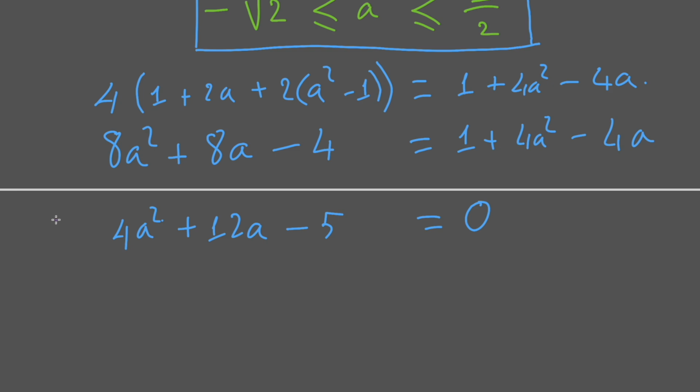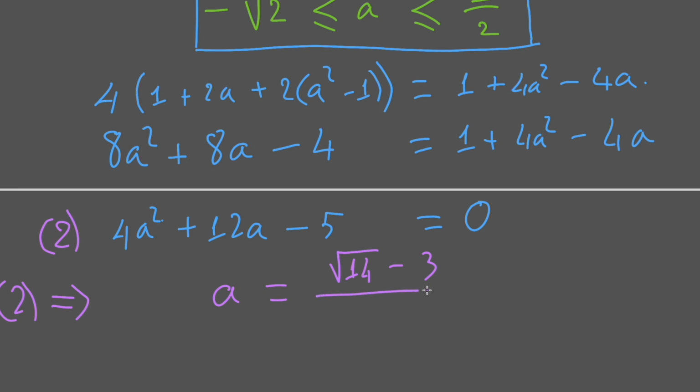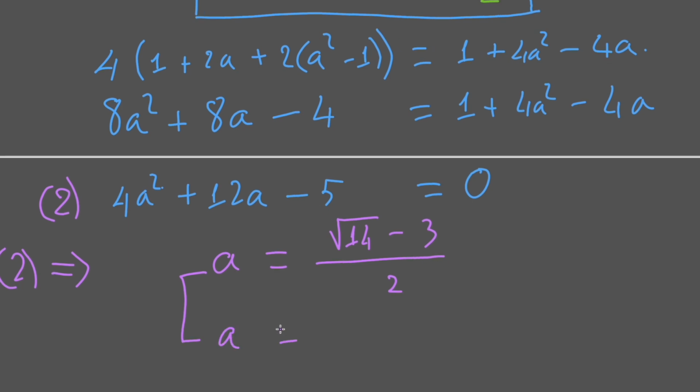You will see this is a very simple quadratic equation, so we can apply the quadratic formula to equation 2. Then a would be equal to square root of 14 minus 3 over 2, or a equal to negative square root of 14 minus 3 over 2.